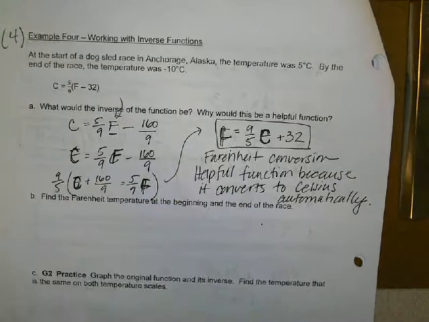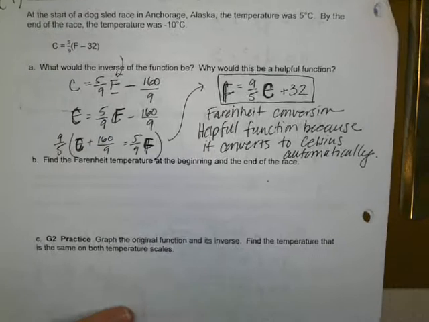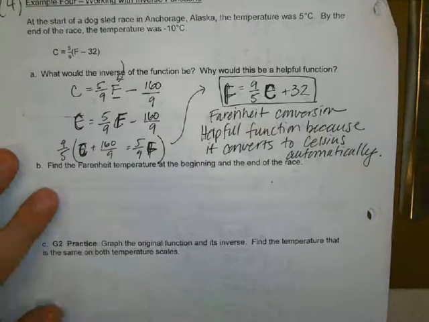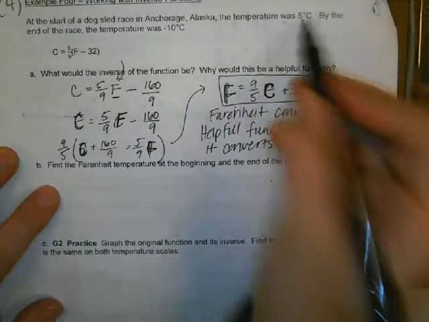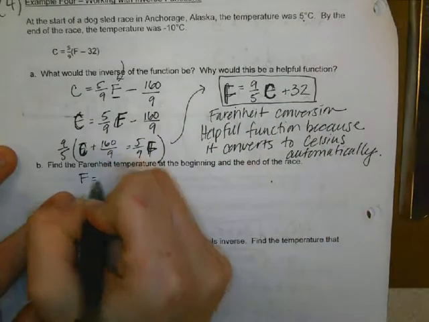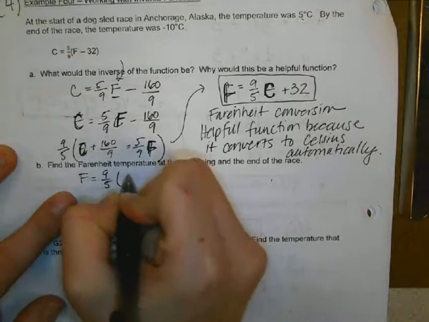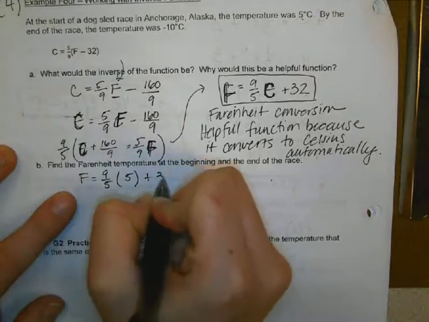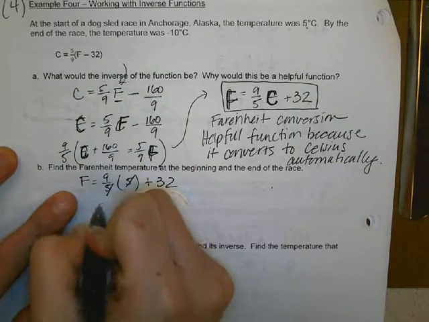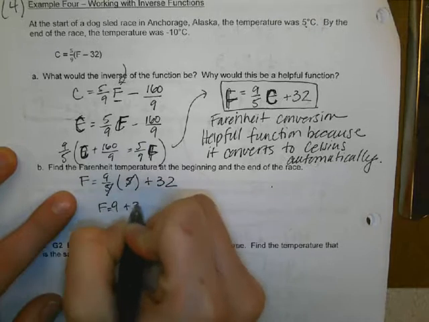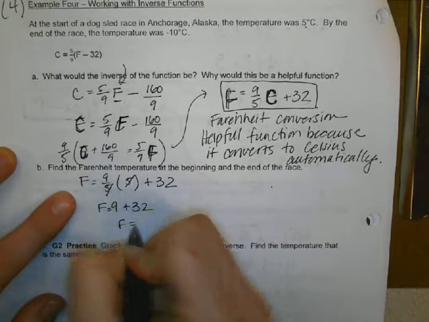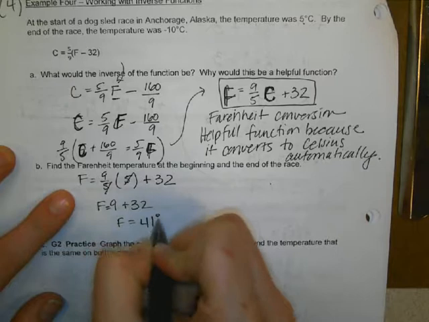So we're supposed to find the Fahrenheit temperature at the beginning and at the end of the race. So at the beginning of the race, 5 degrees Celsius. Plug that in. The 5's cancel, leaving you with 9 plus 32, or 41 degrees.